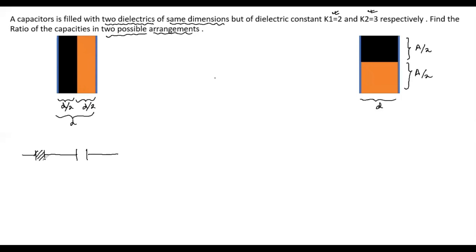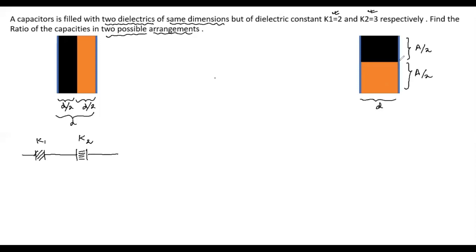In this case, this one has a dielectric constant K1 and this one has a dielectric constant K2. Right.